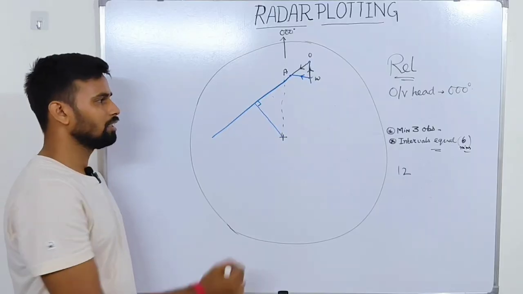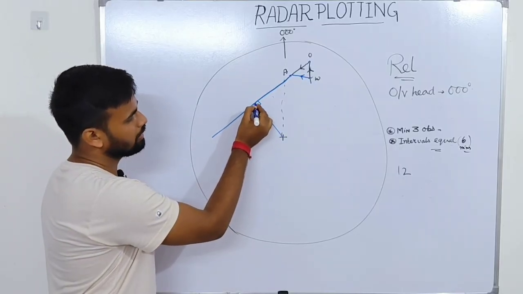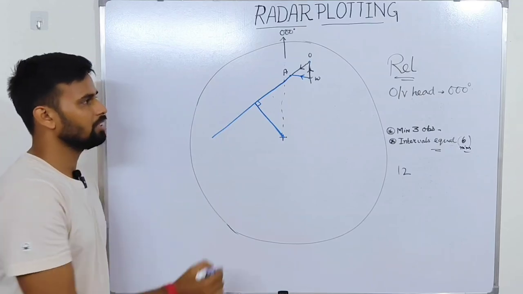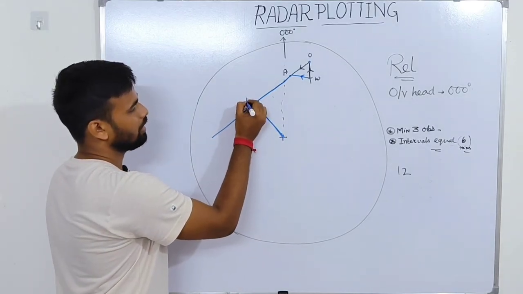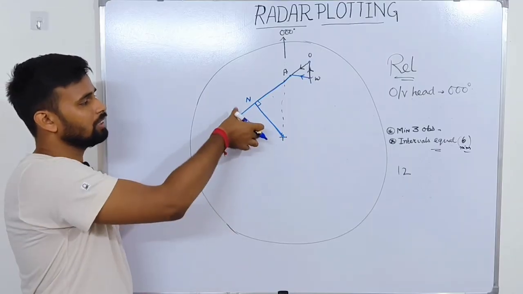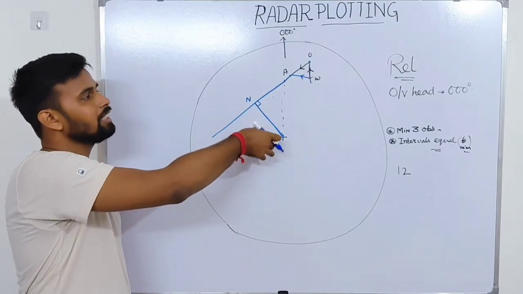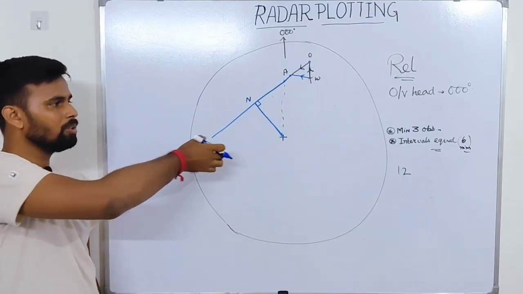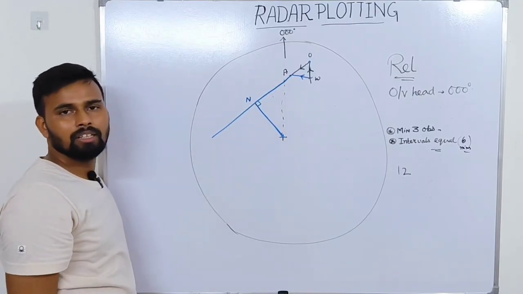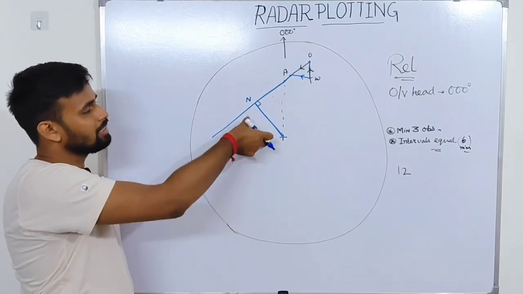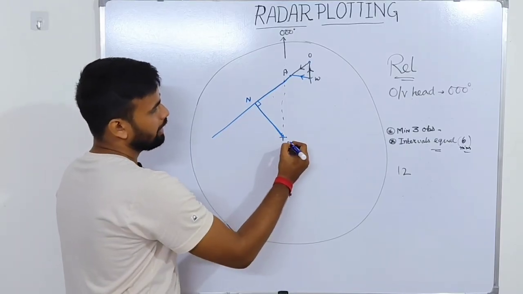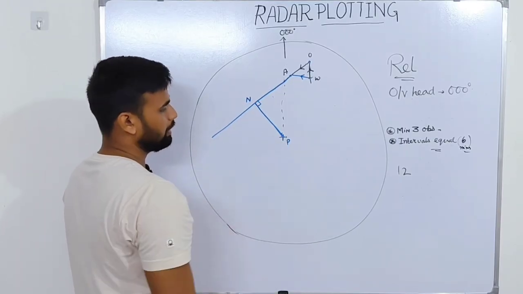This distance is known as the closest point of approach. Let's take it as N. So this is the closest point of approach, that is in this whole scenario, the point when the target vessel will be the least distance from us. Let's take it as P.